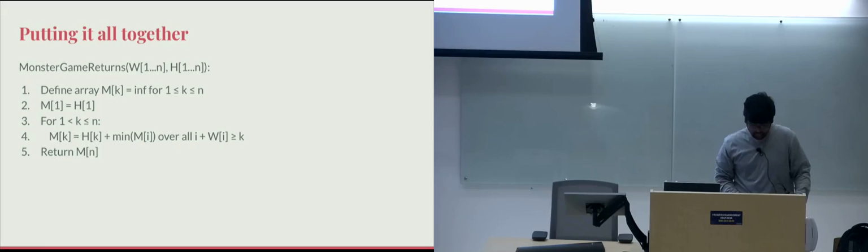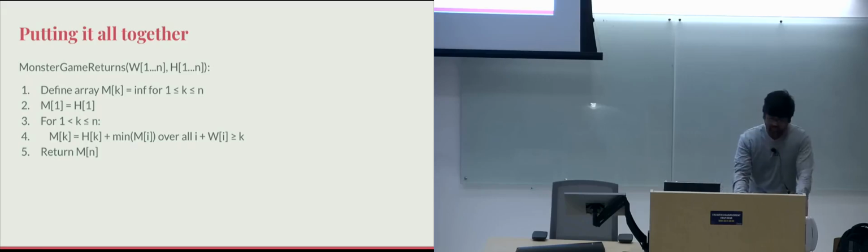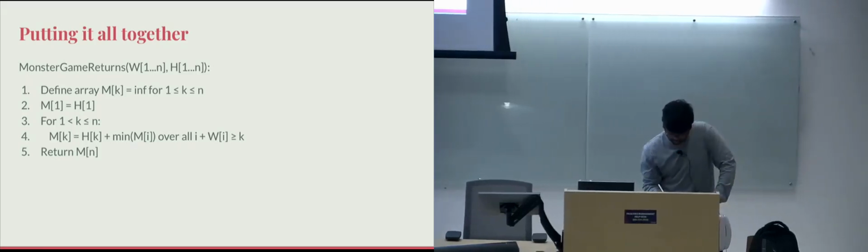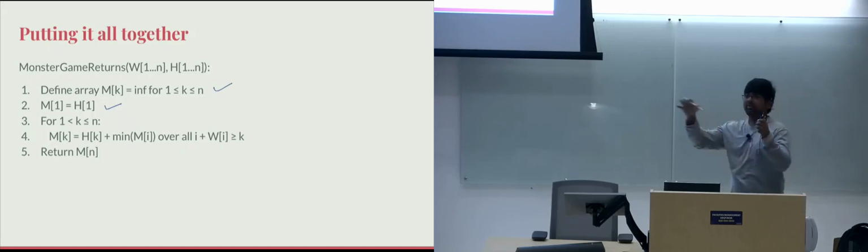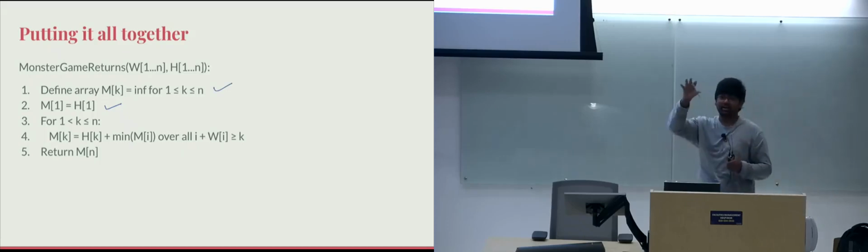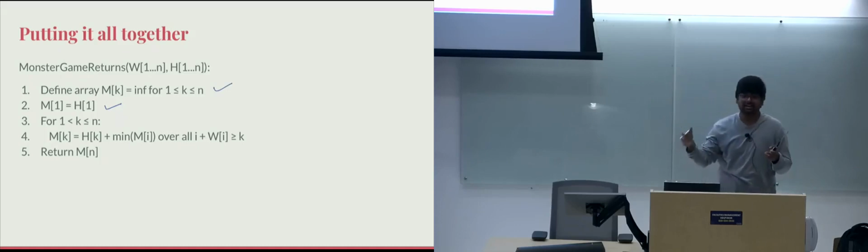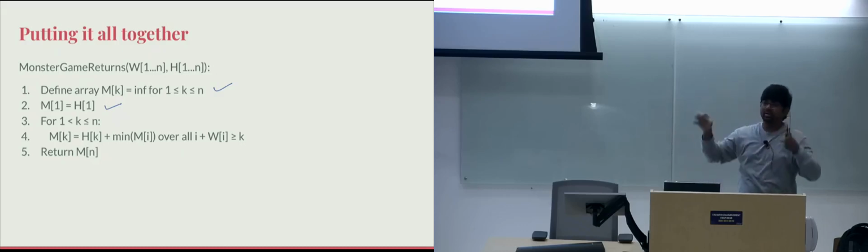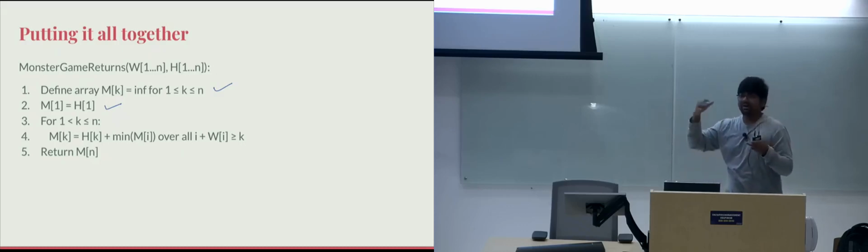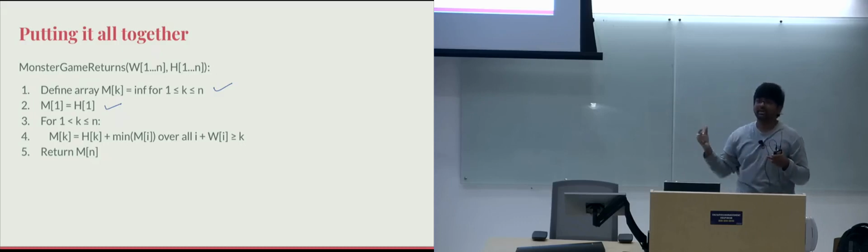So this is the pseudocode. This is the base case that you have here, and you also need to define your array here. Since you are taking the minimum of each subproblem, you need to define the current value as infinity, right? Otherwise, it will mess up the whole equation. So by default, every level will have infinite value, like the infinite damage that you can take.